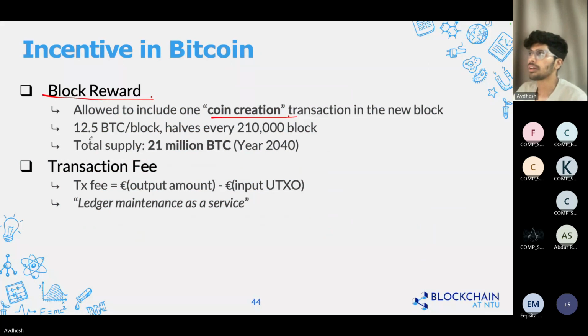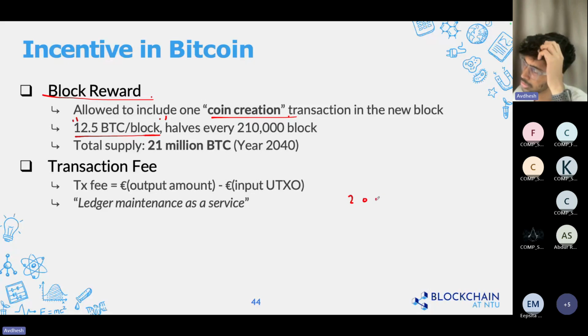So I think during the initial phase, when it just started, like during 2009-10, the block reward was 12.5 Bitcoin per block. You can see this in terms of money. From 2008 to 2010, Bitcoin was worth literally pennies.